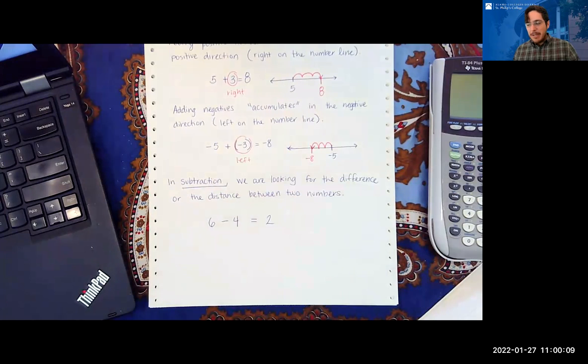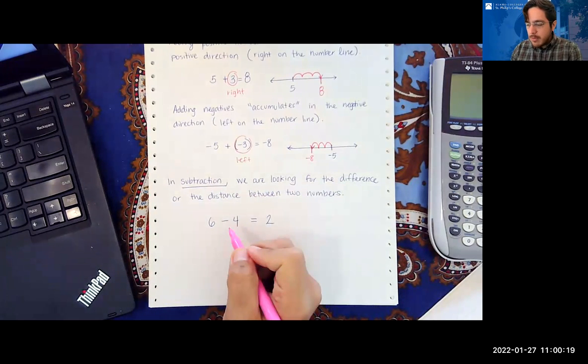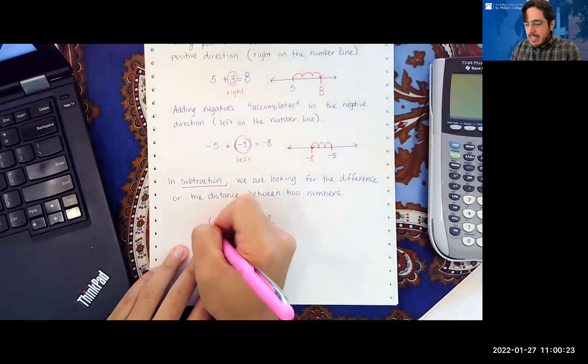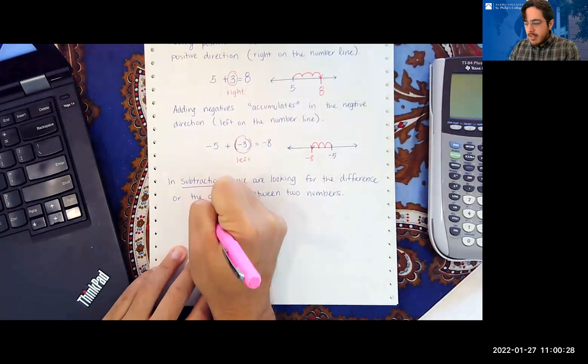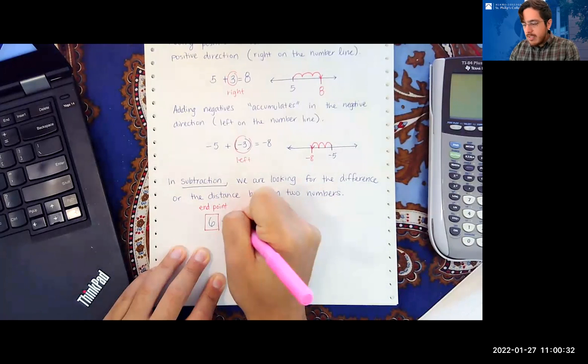Yes. Okay. But the reason why it's 2 is because subtraction is finding the distance between those two numbers on the number line. What we need to interpret is that the first number is the end point. The second number in subtraction is the starting point.